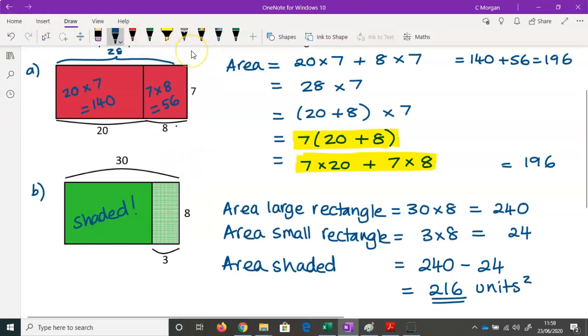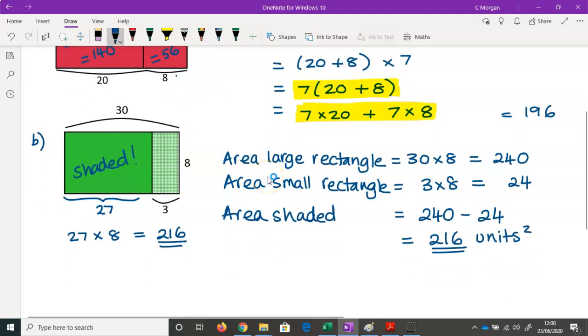But I've actually got a much easier way to do it. Because you and I know that 30 subtract 3 is 27, I could of course have done 27 multiplied by 8, which is also 216 units squared.